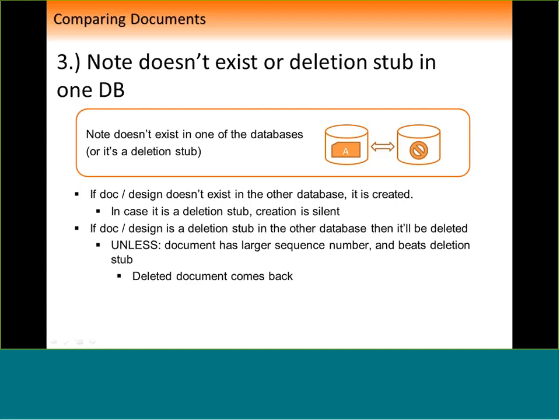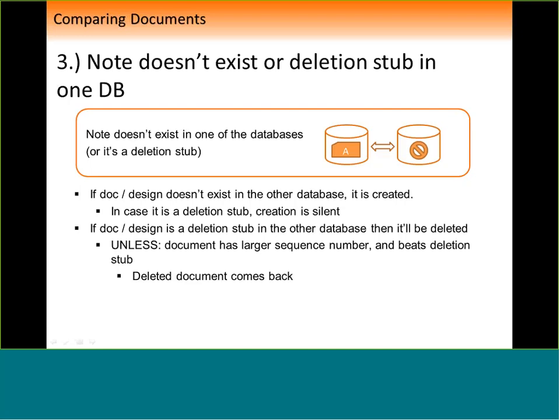Because say a document is deleted in replica B, and before replica A and B replicate with each other, the same document is updated like 3 times in replica A. In this case, the actual document will have a higher sequence number than the deletion stub, and the document is going to win replication and come back from the dead. Okay?